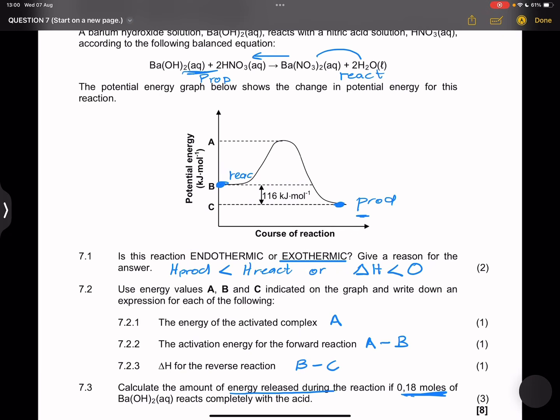So what do we note? We note that the potential energy is in terms of kilojoules per mole.